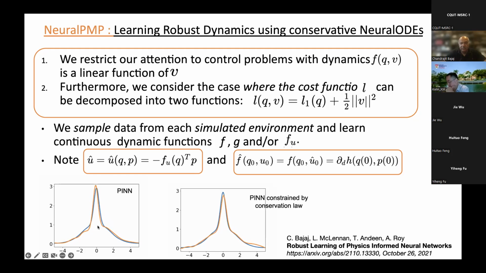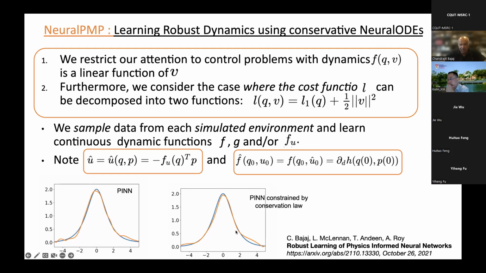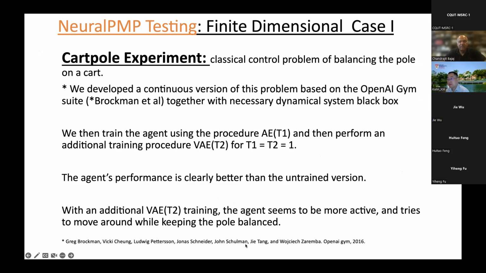What you're seeing here is learning dynamics that captures the conservation laws of the system. This is a one-dimensional Schrodinger wave equation, which is learned from data. You can see that the learning is not perfect, so there's still a lot of work needed to capture all the conservation laws accurately from the data. And this is another whole line of research.